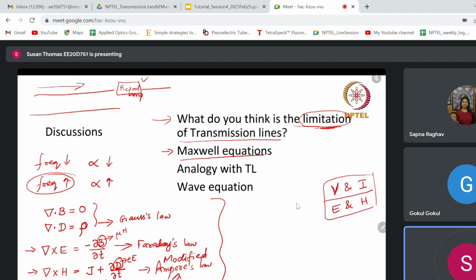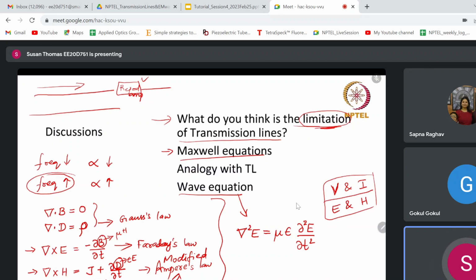And if you come to the wave equation, if you have gone through the lectures on it, you have seen del square E is equal to mu epsilon dou square E by dou T square. What is the speciality of this wave equation?